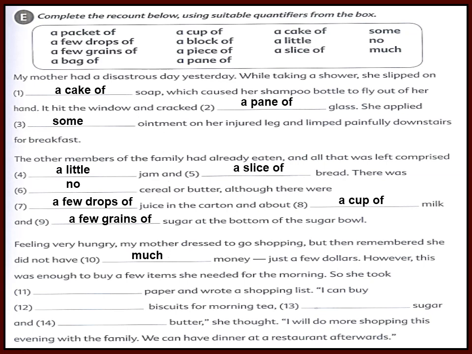However, this was enough to buy a few items she needed for the morning. So she took a piece of paper and wrote a shopping list: I can buy a packet of biscuits for morning tea, a bag of sugar, and a block of butter. She thought, I will do more shopping this evening with the family. We can have dinner at a restaurant afterwards. So we'll make a practice of that too, right?